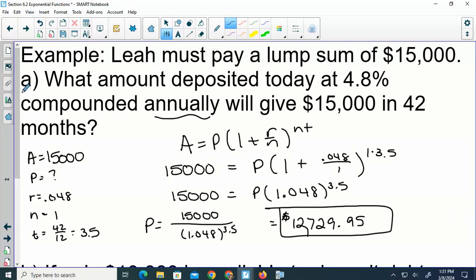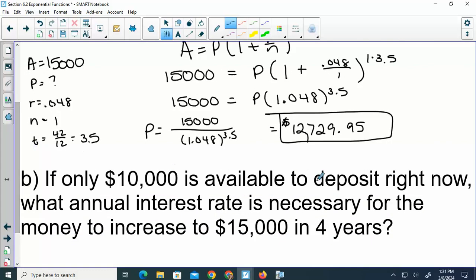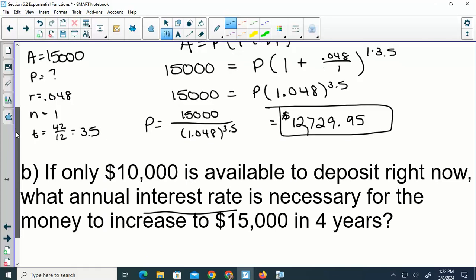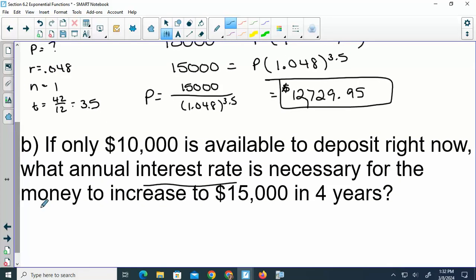Okay, but let's say she doesn't have that much. She only has 10,000 right now. What interest rate is necessary to get the 15,000 in 4 years? So I'm having you use this formula and solve for different things. So I still need 15,000.